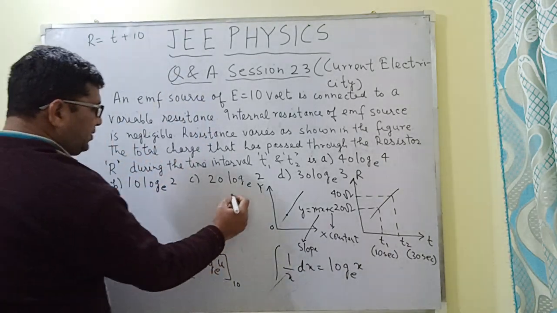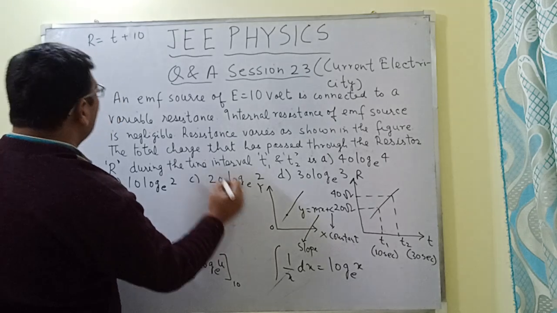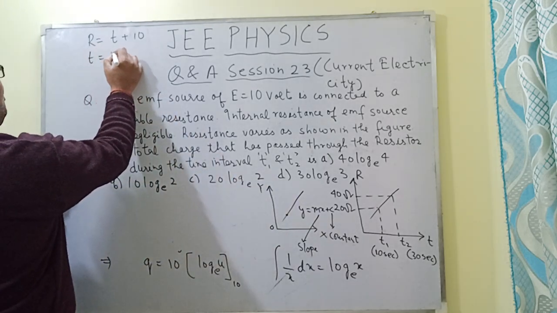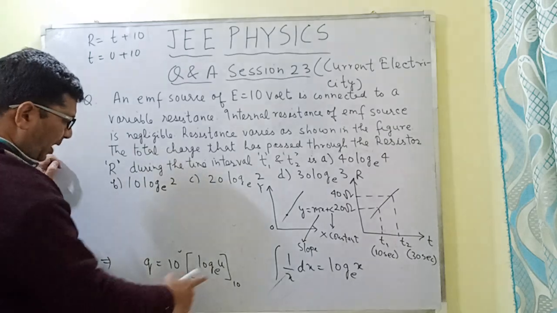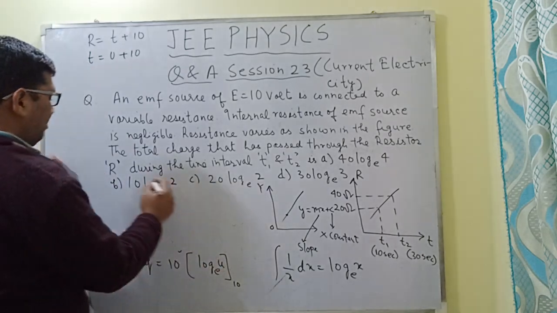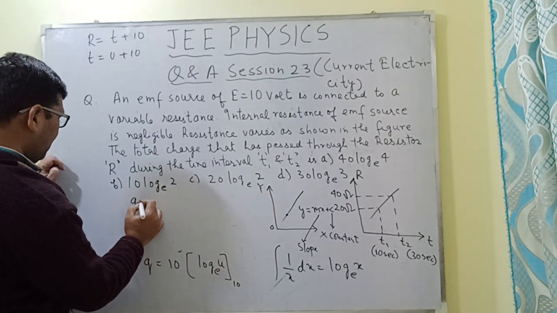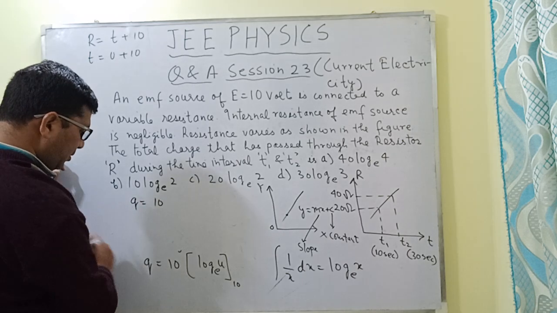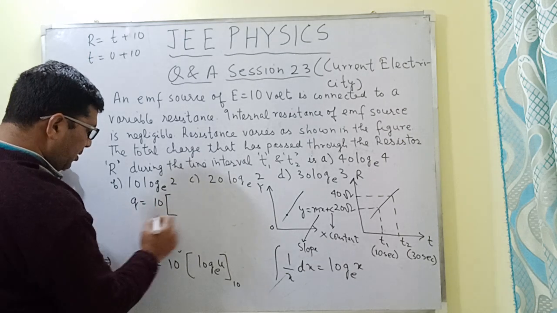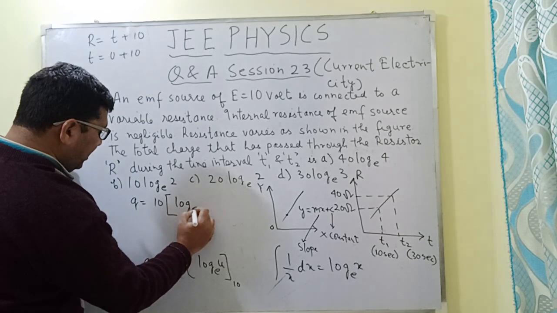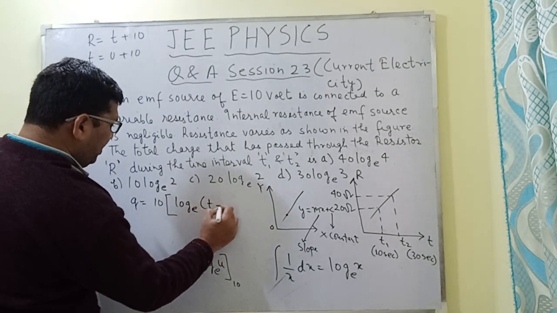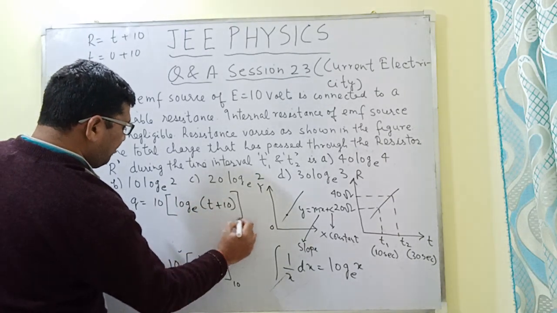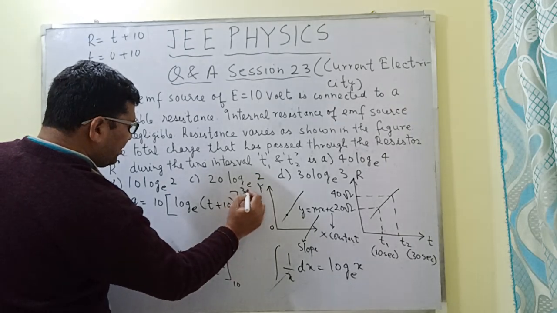Now we have taken t plus 10 as u, so I will be substituting the value of u as t plus 10. So q is equal to 10 log e (t plus 10) from 10 to 30.